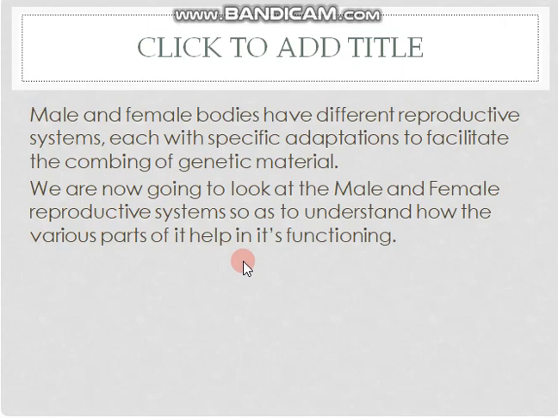Here, that is through the sex cells, the sperm or the egg, which we refer to as gametes. We are now going to look at the male and female reproductive systems so as to understand how the various parts help in their functioning.